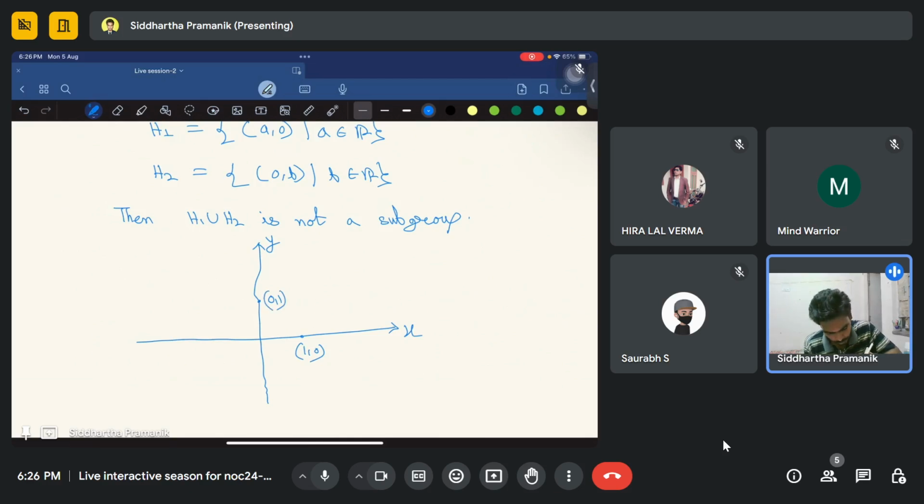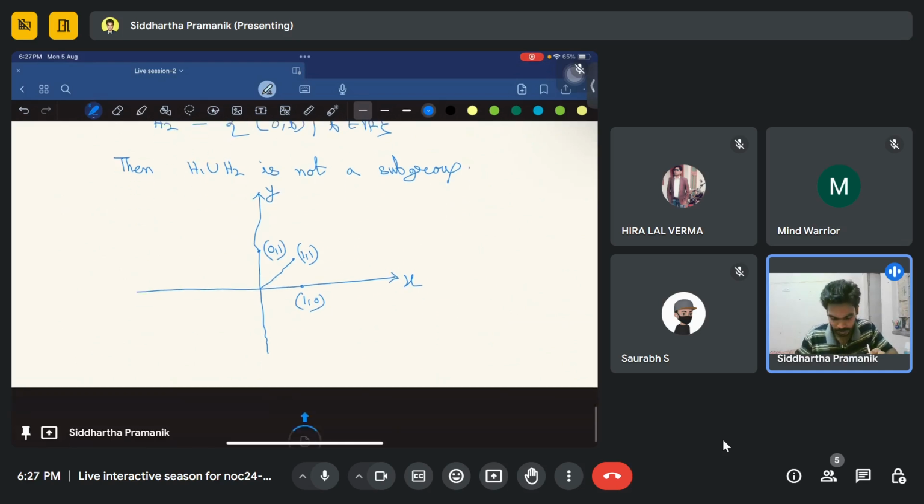Sum is the point (1, 1), right? So this does not lie in the x-axis or in the y-axis. So this does not belong to the union. So it is not even closed, right? It does not form a subgroup.